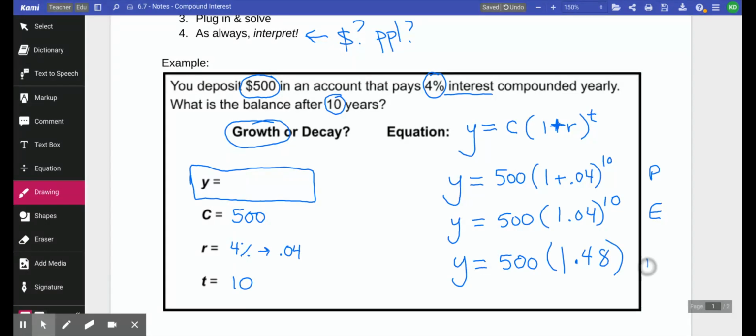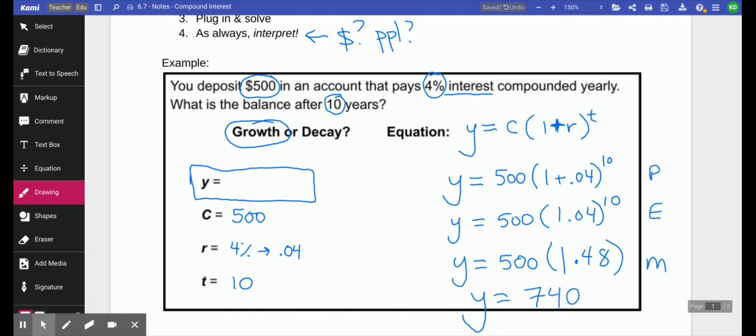Okay, our last step then is to multiply. So to multiply, I'm going to keep that number in my calculator and just do times 500. So 1.48 times 500 is 740. So approximately 740.